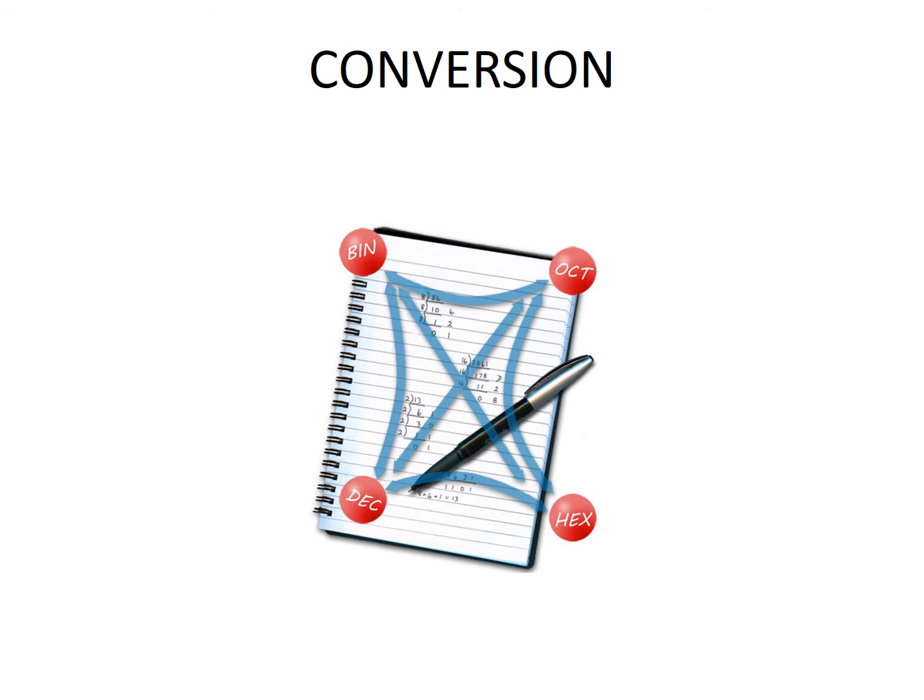We can convert each and every number system into another number system. For example, look at this: binary can be converted into decimal, binary can be converted into hexadecimal, and again binary can be converted into octal. Likewise we can convert one form of number system into another with some easy calculations.